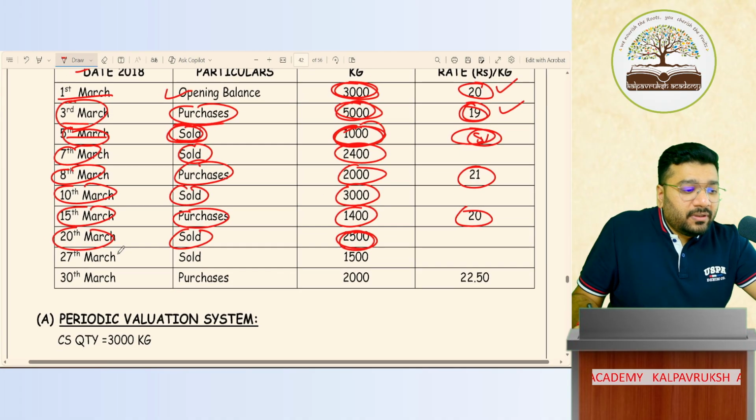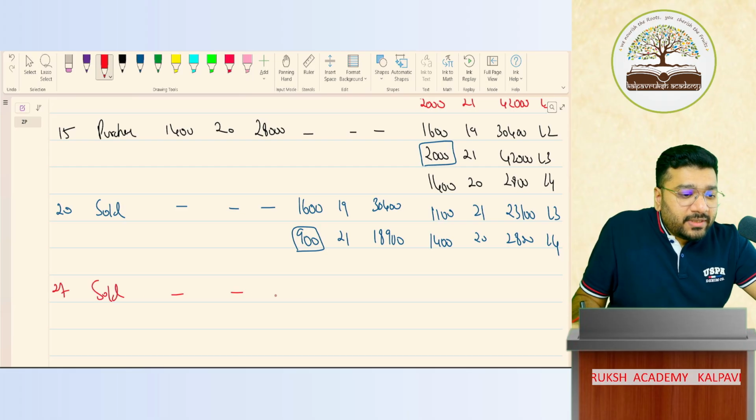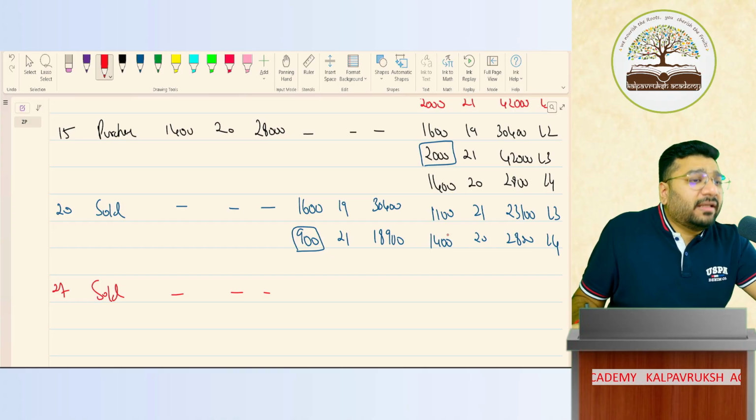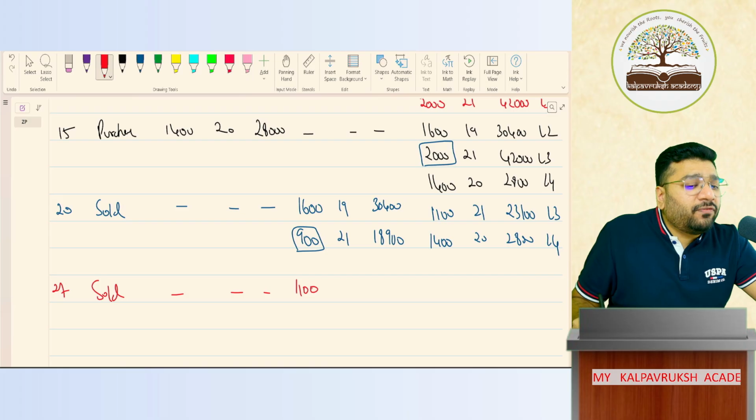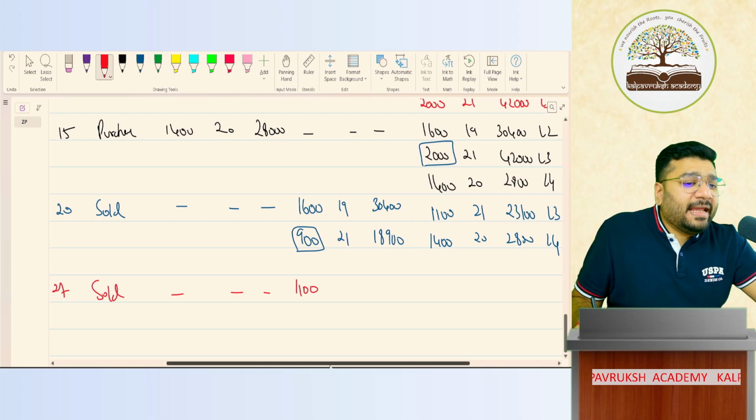Next, 27th March sold 1,500 kg. But in L3 I have only 1,100 kg. How much is the shortfall? Out of 1,500, 1,100 taken from L3. So what is the balance? 400, which I'll take from L4.